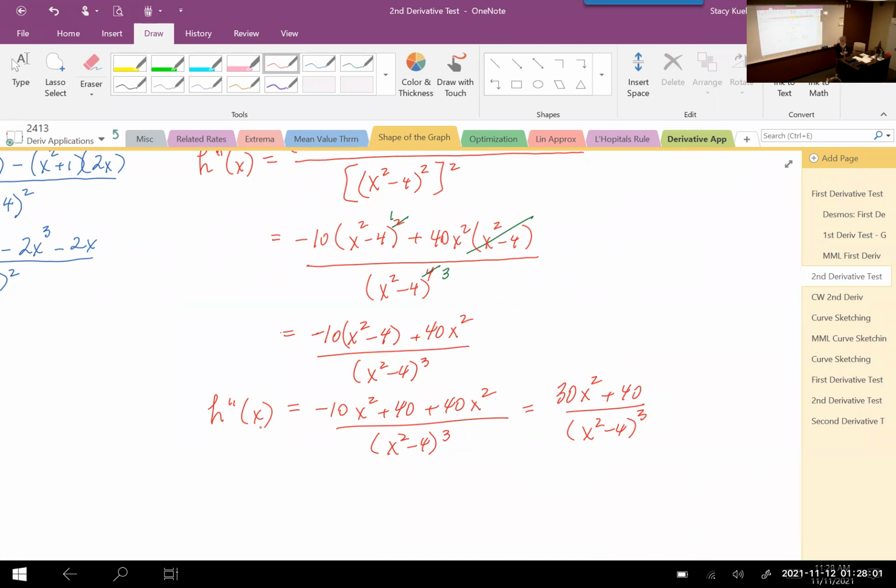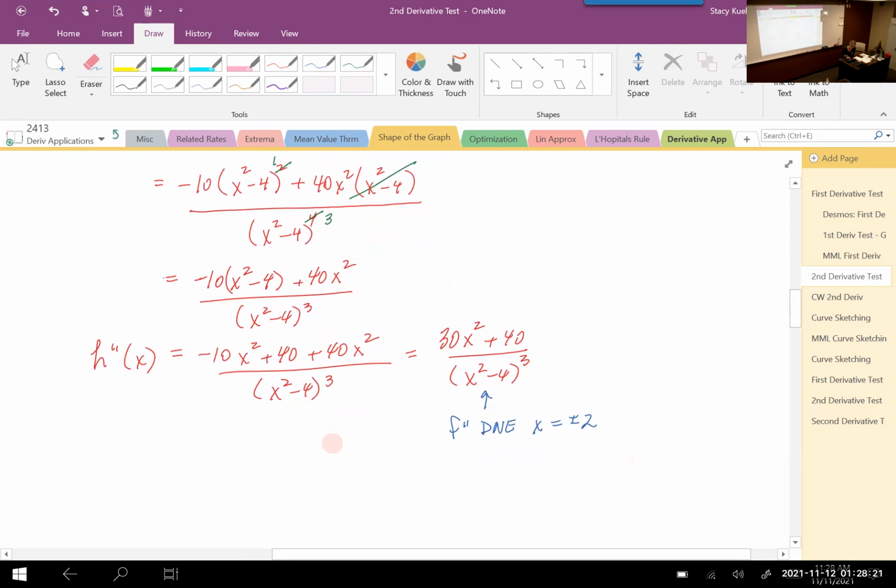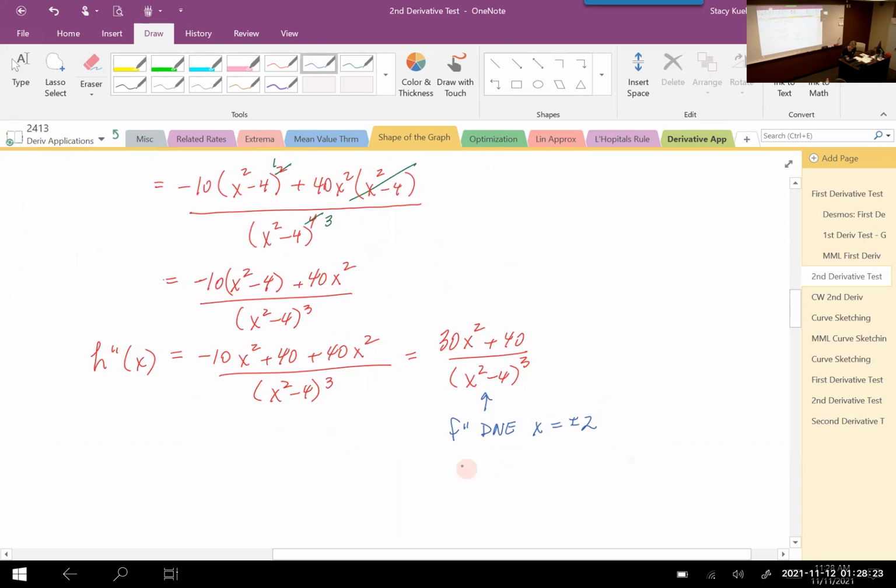Now we know that the second derivative again does not exist at positive and -2, correct? All right. So here, it doesn't exist when x is equal to positive and -2. But the critical value for where the second derivative is equal to 0 comes when 30x squared plus 40 equals 0, right?